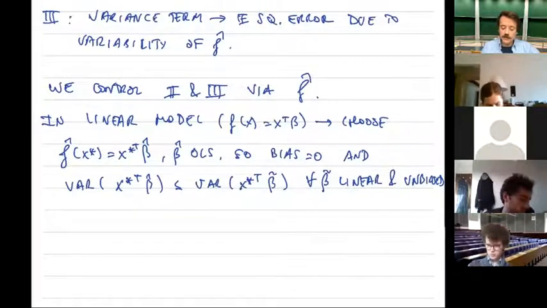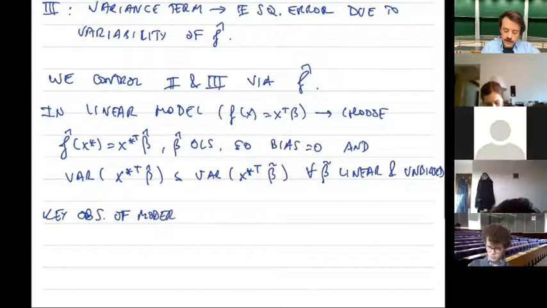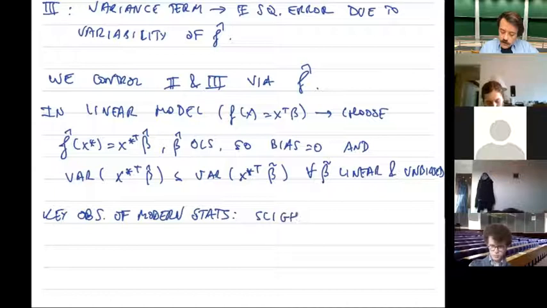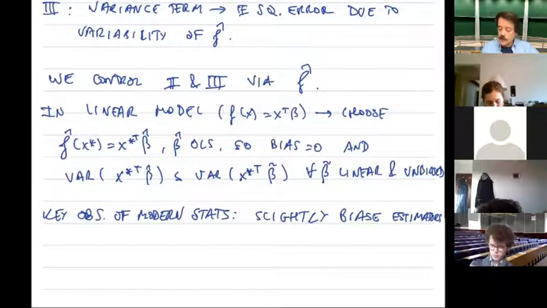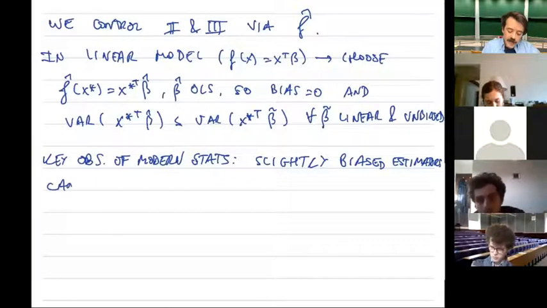Now, there is a key observation of modern statistics, is that slightly biased estimators, and of course these need to be asymptotically unbiased, but for finite samples, they can be biased, if you like. So these guys can have smaller variance, but not only that.